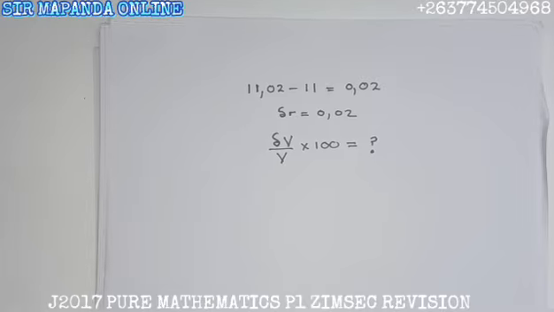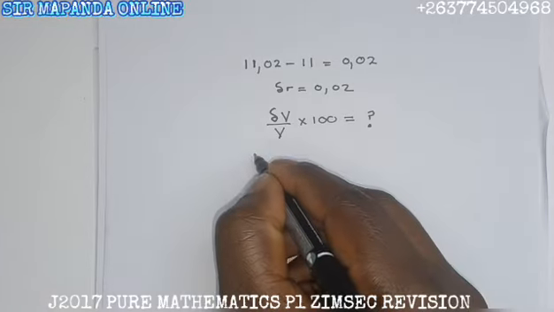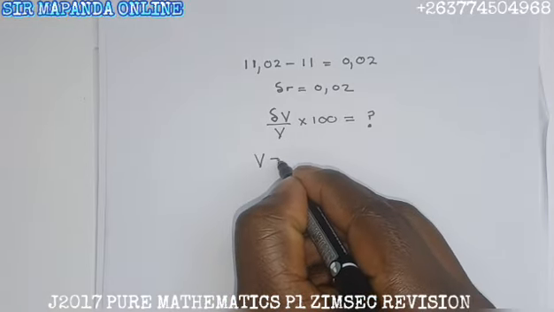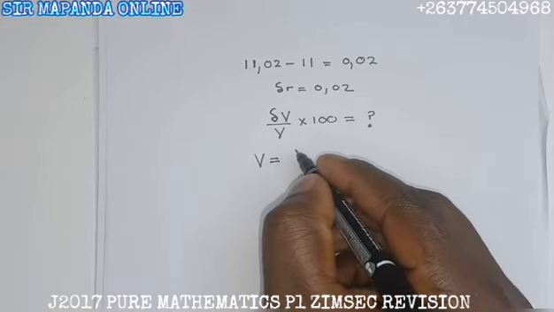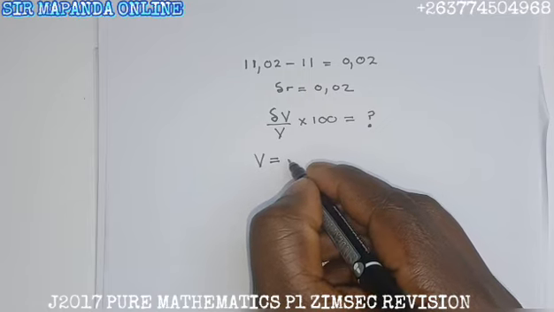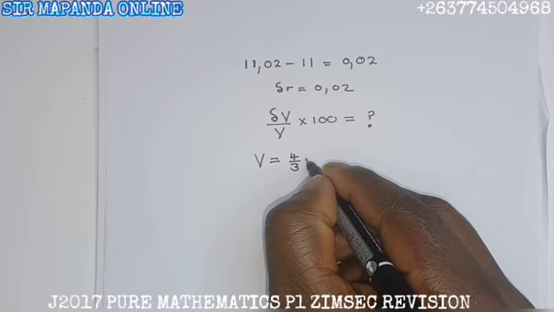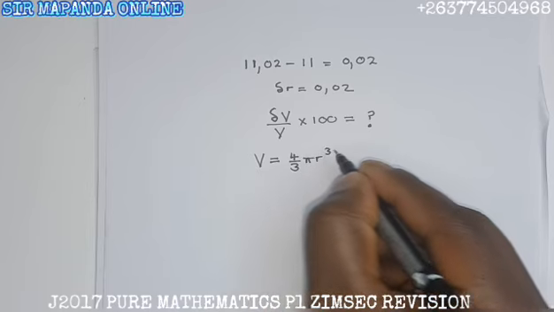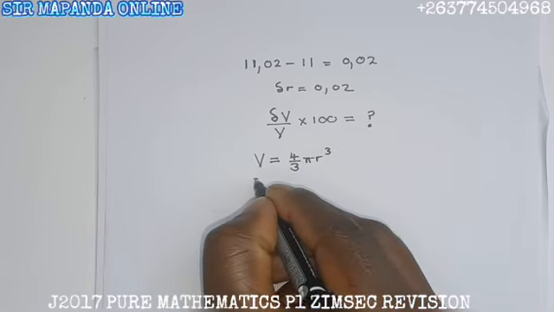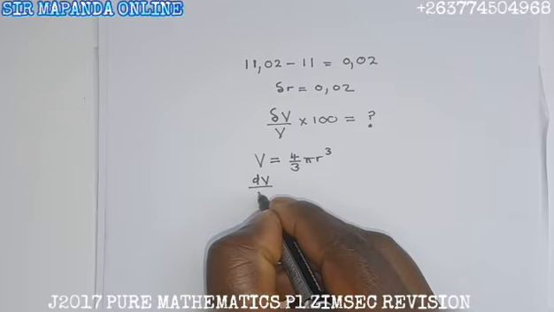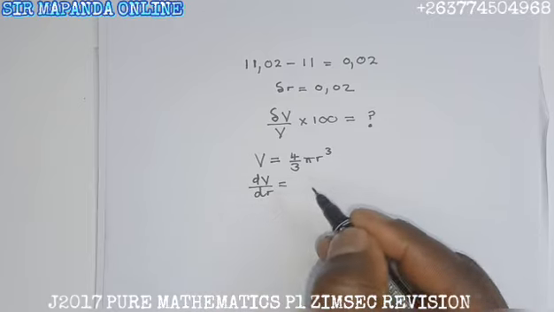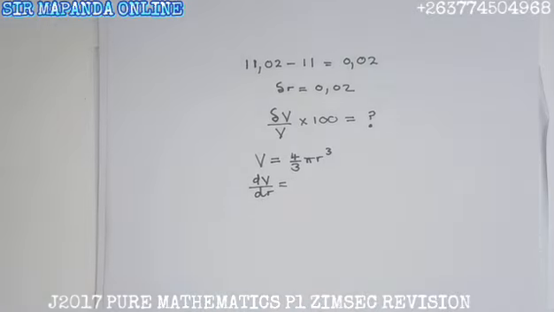Right. So firstly, you need to differentiate the given volume formula of a sphere. For V is equal to 4 over 3 pi r cubed, you need to differentiate this to get dV dr first. So how do you get dV dr?